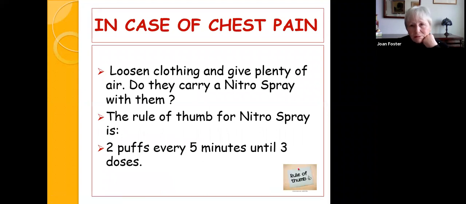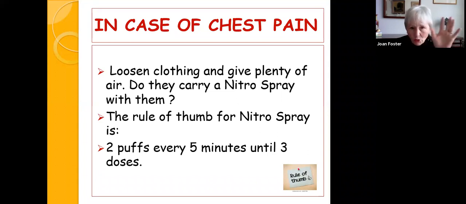Chest pain. Again, we're talking about the symptom chest pain. Chest pain can be indigestion. It can be someone who's having lack of oxygen to their heart. Chest pain can happen because somebody has coughed too hard and cracked a rib.